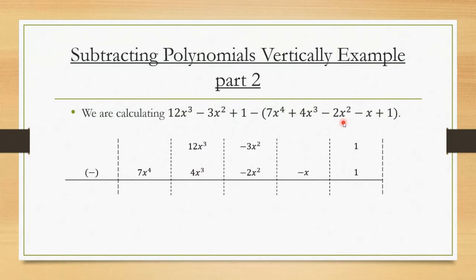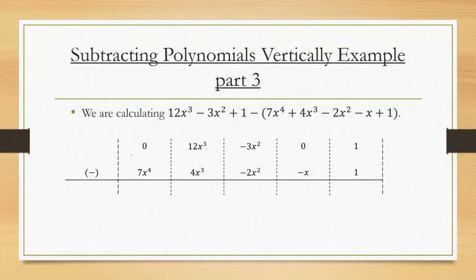Minus 2x squared. That goes in the x squared term. Minus x, again, we would put a minus x here. 1 would have to go here, right? That goes in this column. And we have zeros here as placeholders, okay?